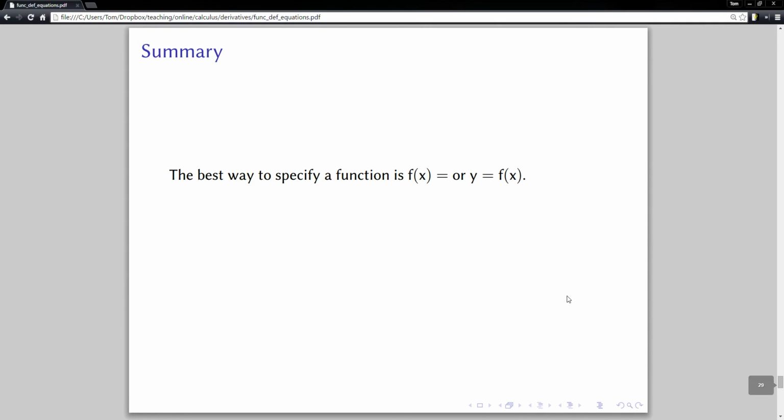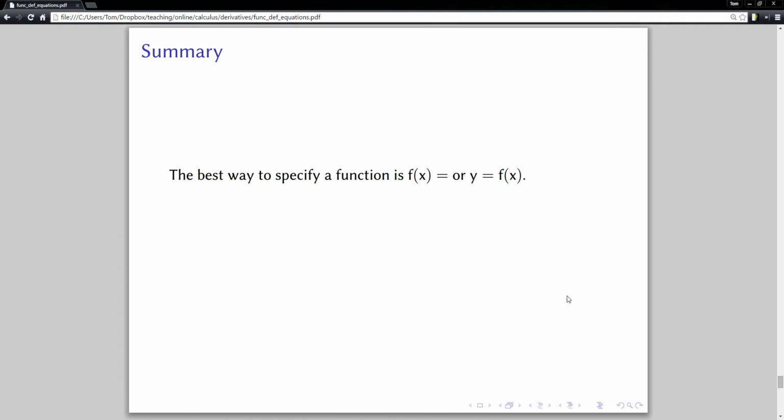So the summary here: we're not really going to be solving equations for y that much, and like I said, sometimes it's impossible to do that. The main thing that we're headed to is just taking the derivative of functions when they're defined by equations.